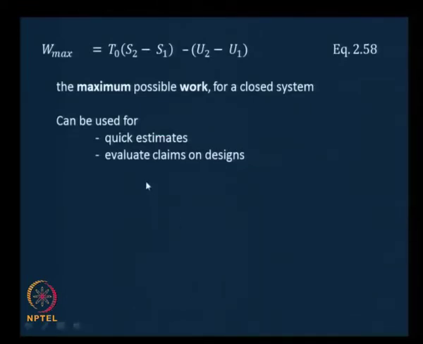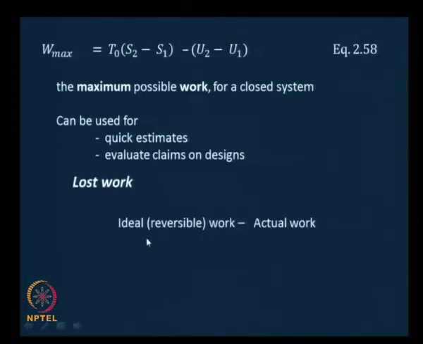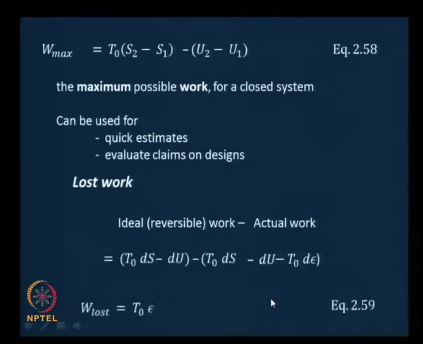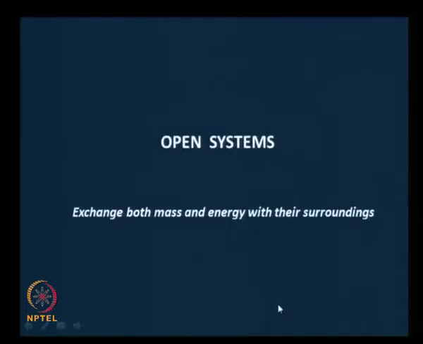If somebody is saying that they can get so much work, you can just quickly do a calculation if you know these rules of thumb values, and use that to make a quick decision. Since this is the maximum work, the lost work was ideal or reversible work minus the actual work, which we derived as T0 times epsilon, which is the entropy that is created. Epsilon is the entropy created.